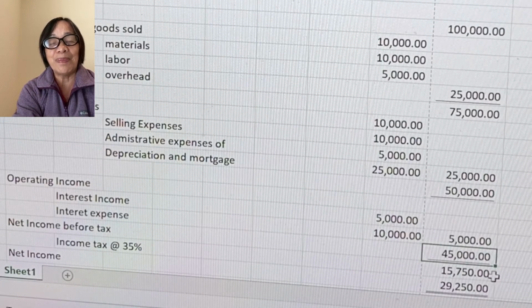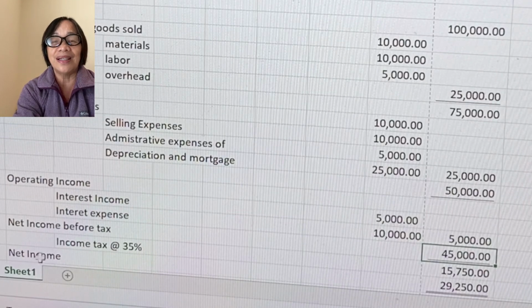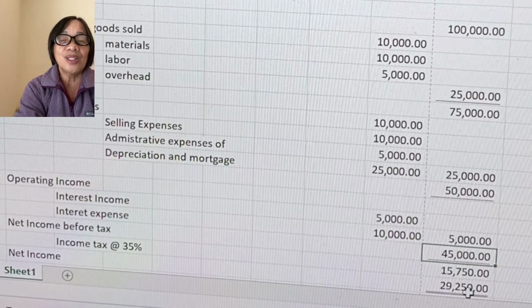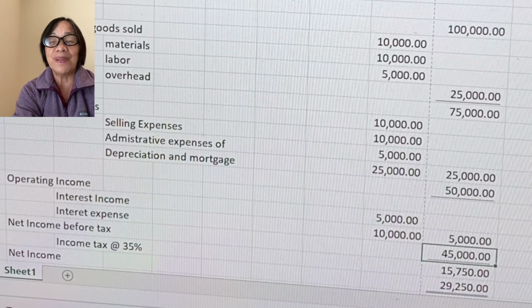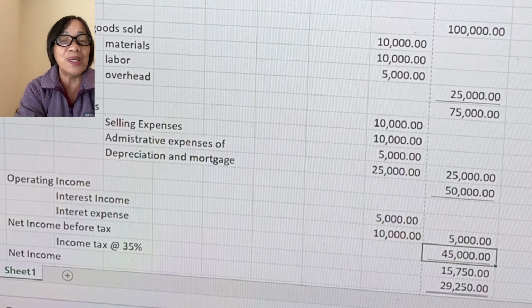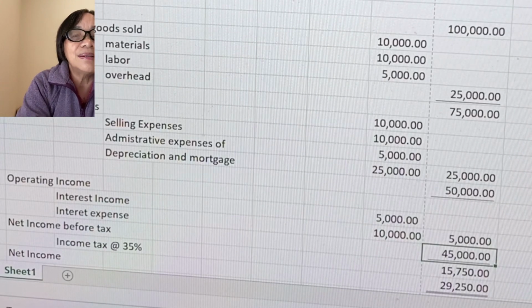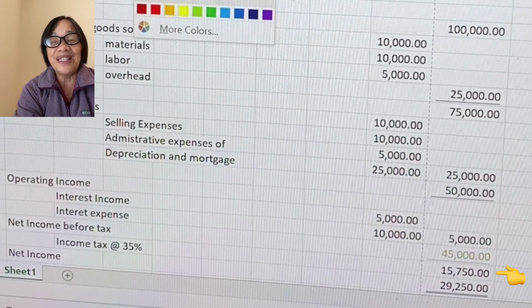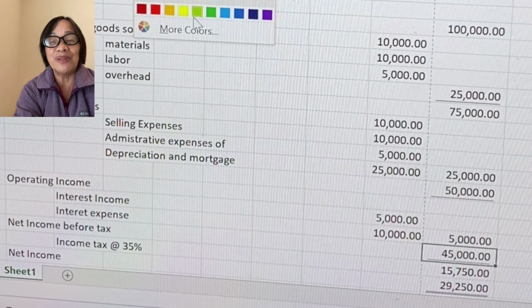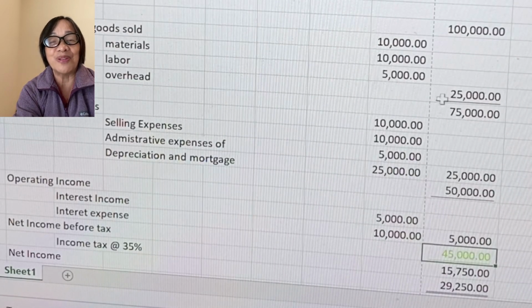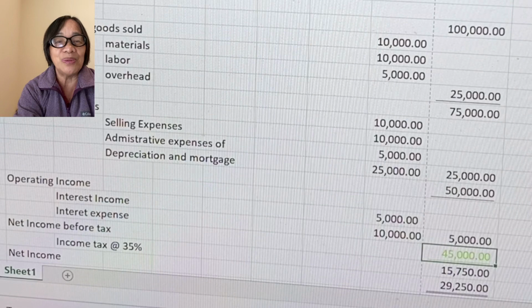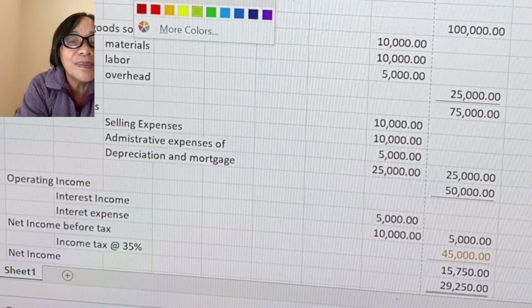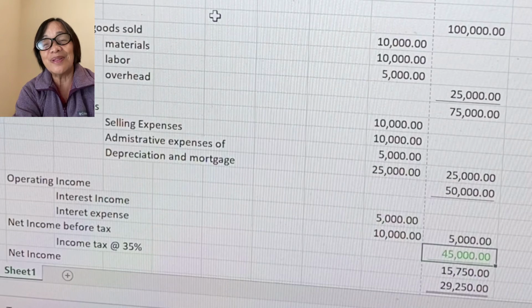So let's apply our 35% applicable rate to our income before tax, and we arrive at an amount of 15,750. We deduct this amount from our income before tax of 45,000. So the result is our net income amounting to 29,250.